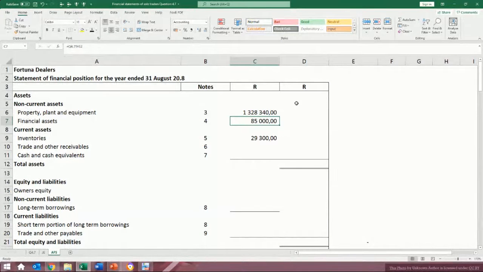Now, once you're done with all your non-current assets, you add the total together, which is these two, and they total 1.4 million. Then we've accounted for inventory and then trade and other receivables and cash equivalents that would tie to notes 6 and 7.